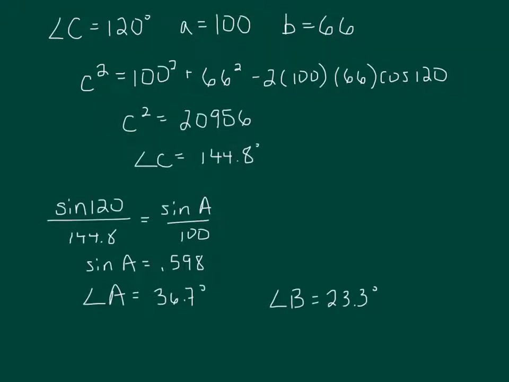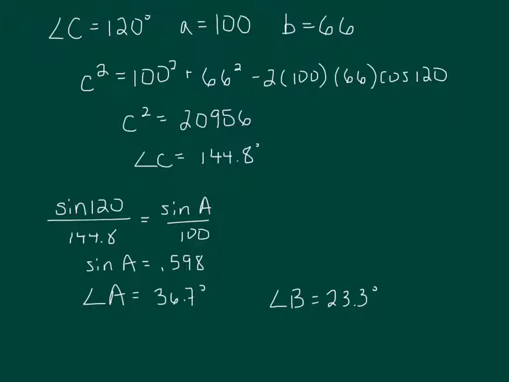So I went ahead and plugged in the right-hand side and got 20,956. I took the square root of both sides and I got 144.8. I then chose, because I had a pair of information, to use the law of sines. Also because I knew my largest angle and side, so law of sines is then safe to use.